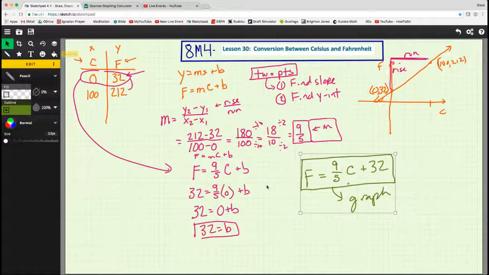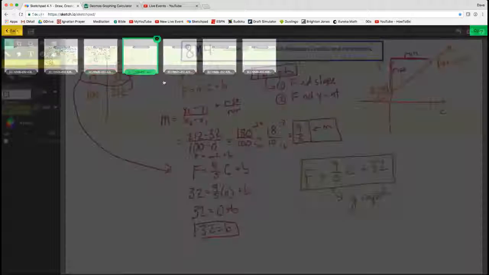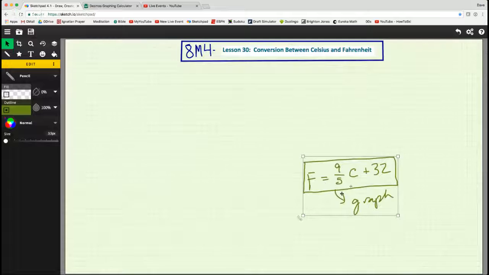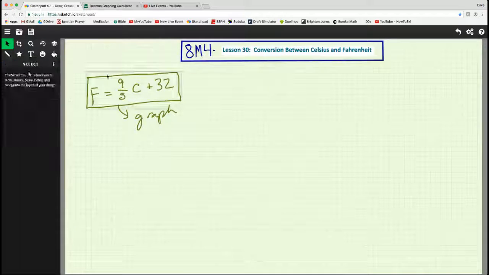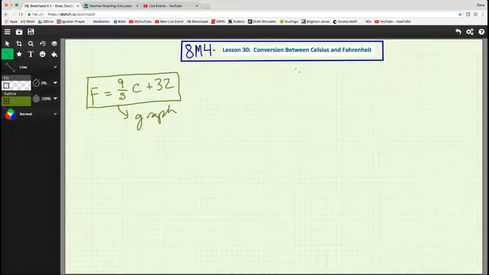And then we're going to convert it the other way around so that we have C in terms of F. This is F in terms of C. This is a great formula if you know your Celsius and want to convert it to F, but it doesn't convert F directly into Celsius without doing a little bit trickier math. Okay, so let's do our graph.